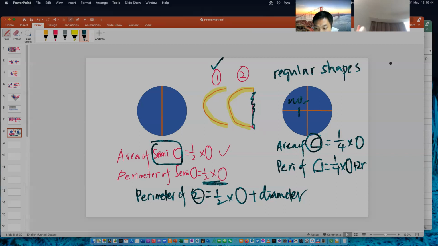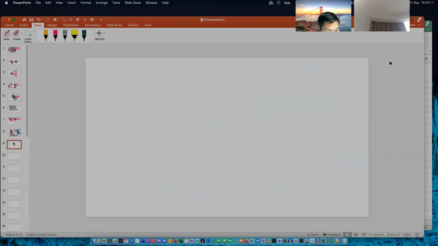Why 1/4 times a circle? Because this part here takes up 1/4 of a circle. And for this, why half times a circle? Because it takes up half of the circle. But what if you face an irregular shape?